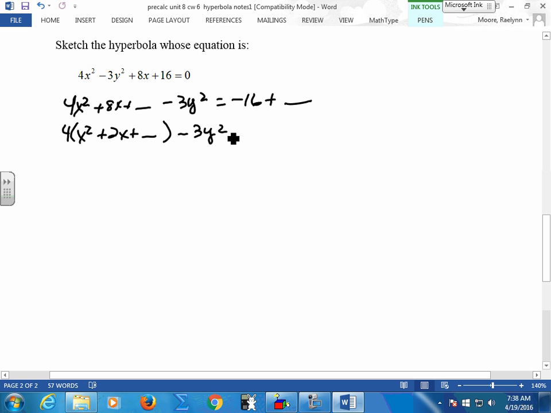This is the same as y minus 0. So it's half of 2, and multiply it by the 4.